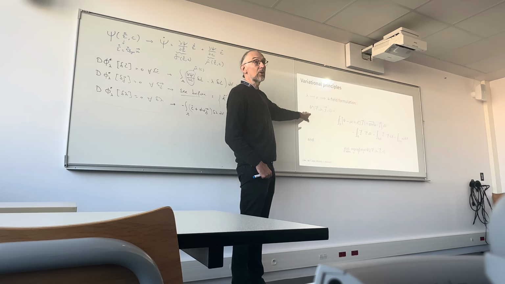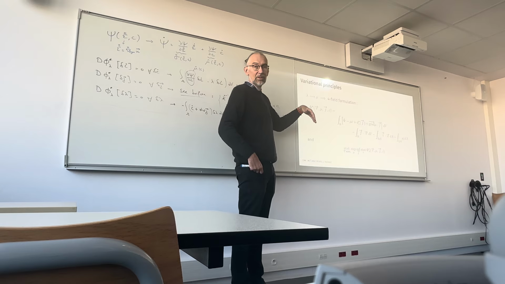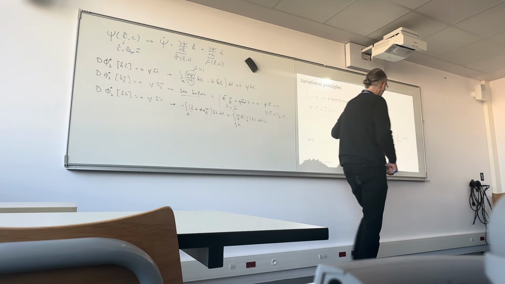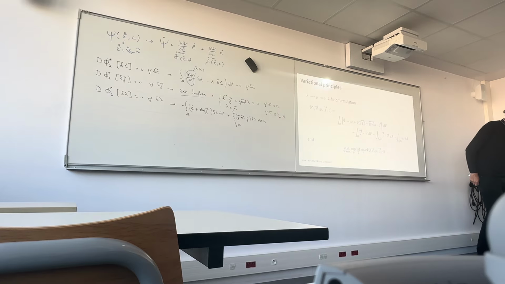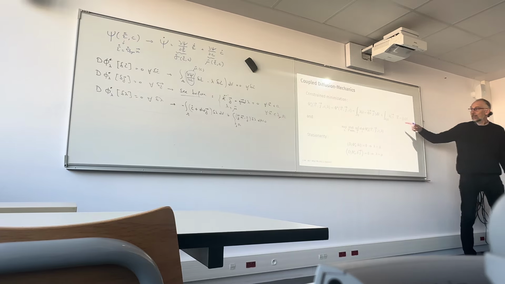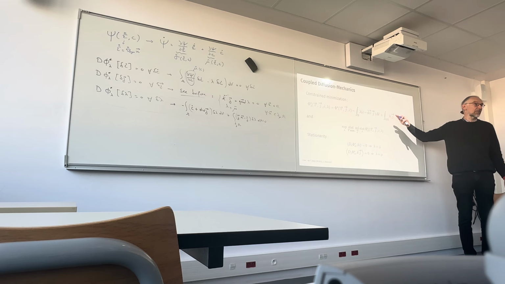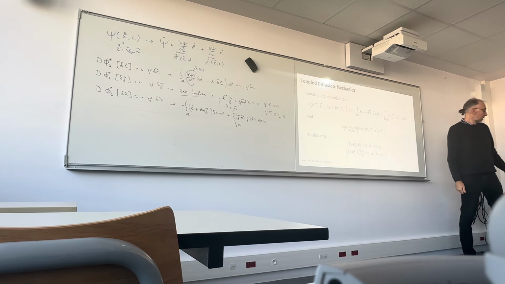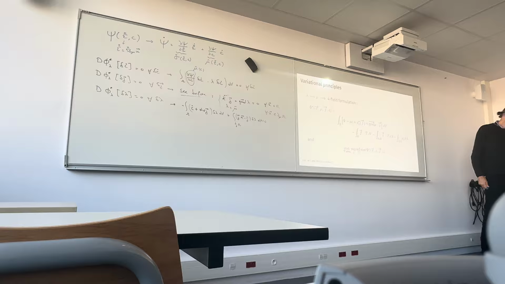I replace lambda by mu, and I treat mu as a physical quantity, not a mathematical object which enforces the constraints. I replace lambda by mu, because I've seen that lambda every time is the chemical potential field. So I try to get a more physical interpretation.